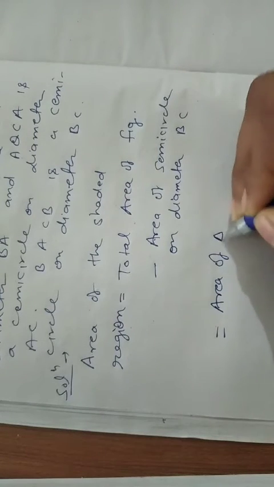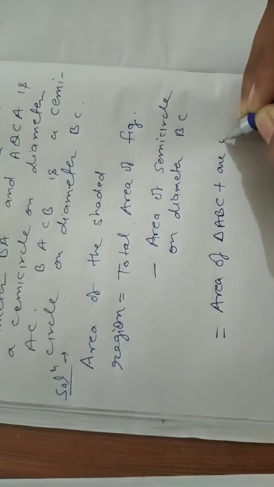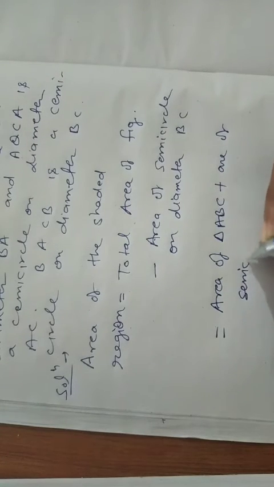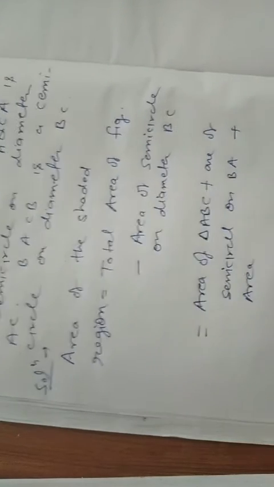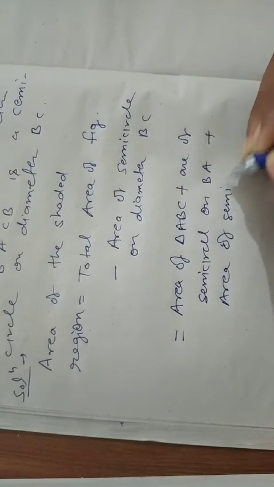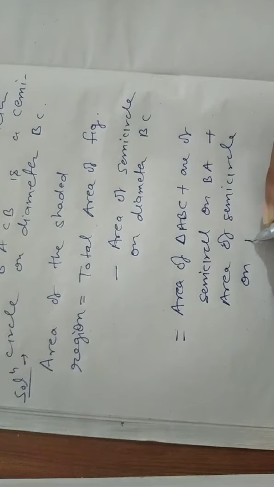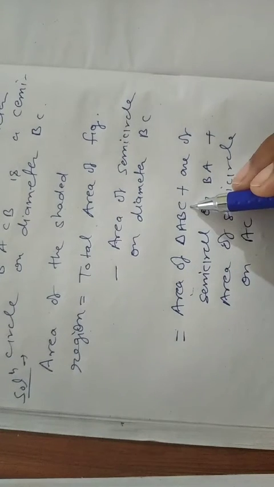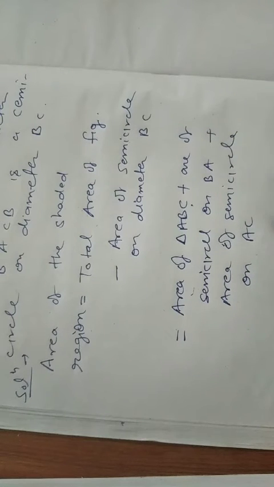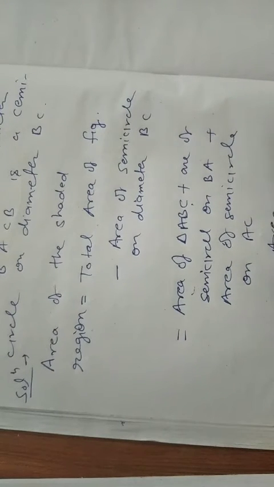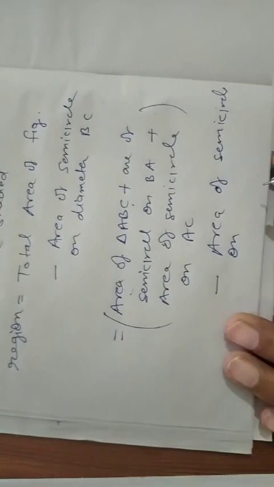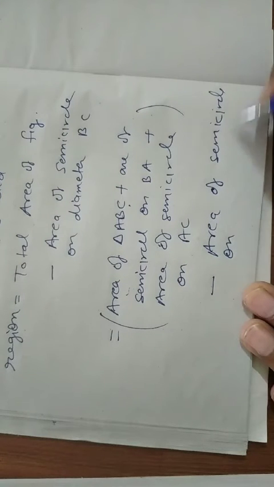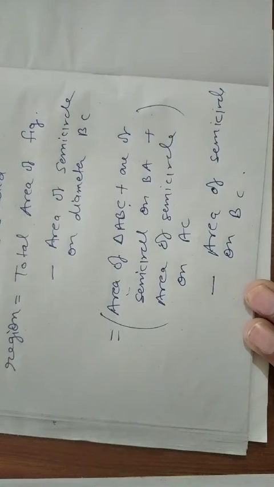Equal to area of triangle ABC plus area of semicircle on BA plus area of semicircle on AC, minus area of semicircle on BC as diameter.